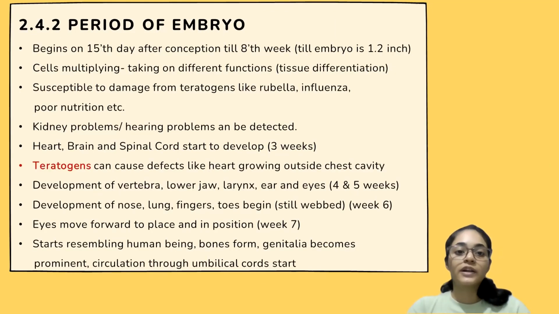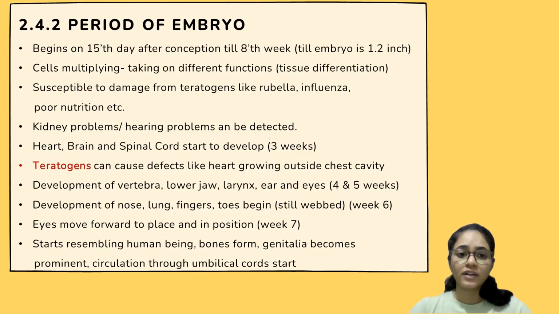After the zygote comes the period of the embryo. It begins on the 15th day after conception till the 8th week, that is, till the embryo is about 1.2 inches. The cells keep multiplying, taking on different functions. This is a time where the embryo, that is the baby, is at greater risk because of teratogens, which are any substances, ingested during pregnancy or anything that the child is exposed to, that can cause a hazardous impact on the child.